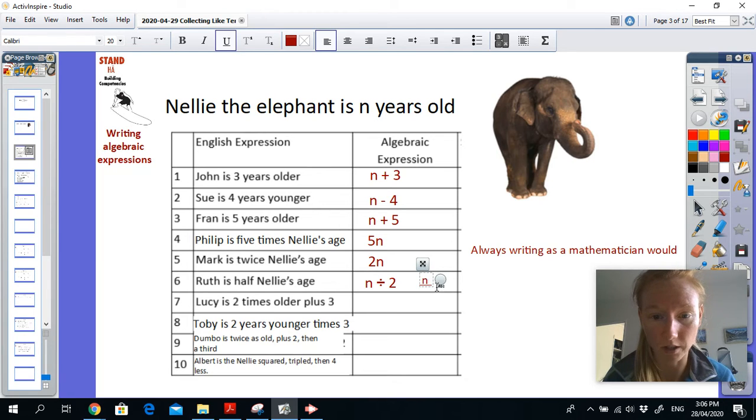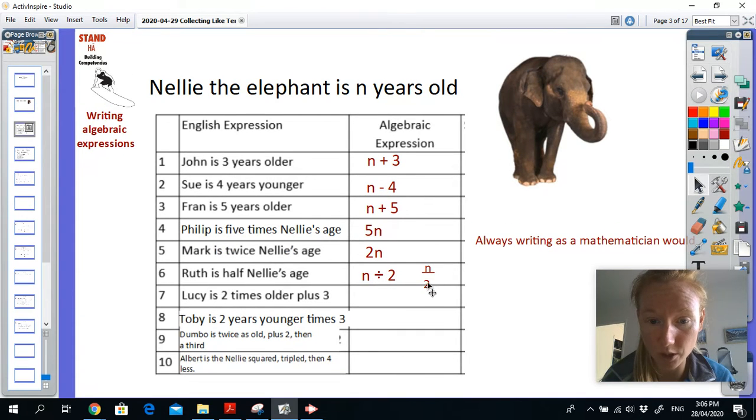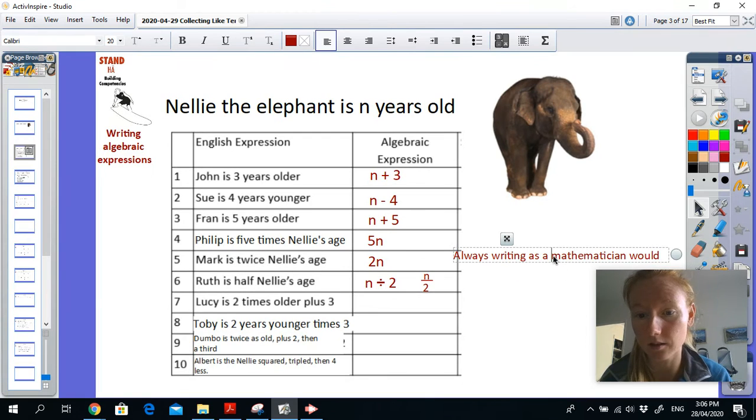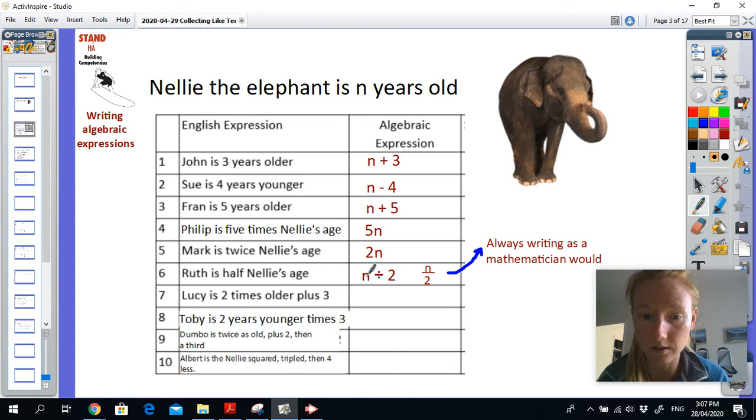They would always write their division as a fraction. So if you didn't write it as a fraction, I want you to make a little note on yours now to always write as a mathematician would, and just correct yours or improve it to n over 2. Okay? You're not incorrect with n divided by 2, but you can just improve your answer.